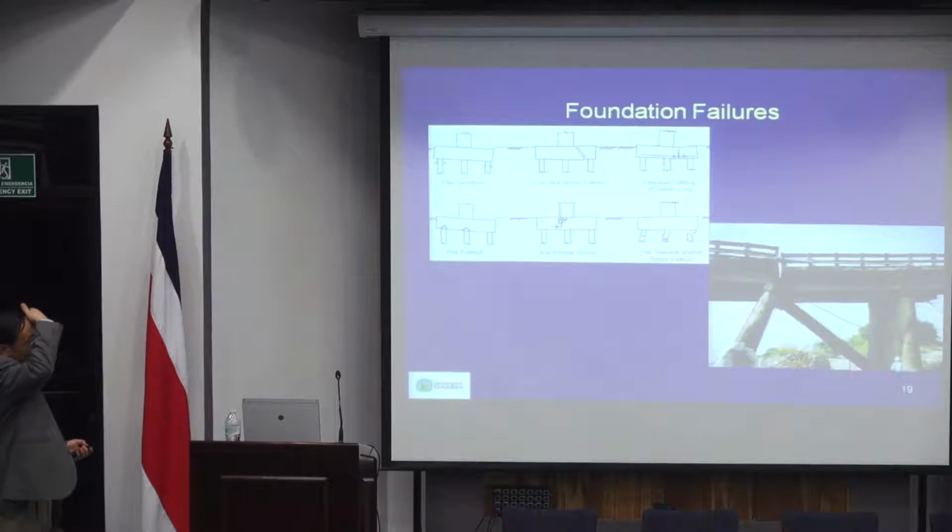Another failure, as I said, the third failure is foundation failure. Foundation failure is typically pile failure, when you have too much load, either tension or compression. Typically, it's compression.